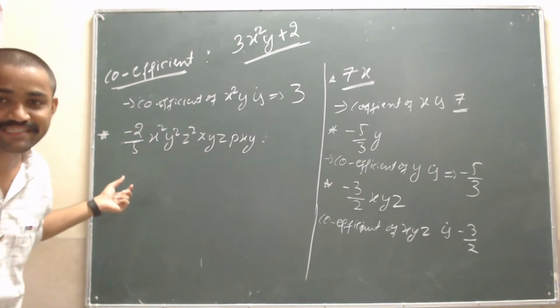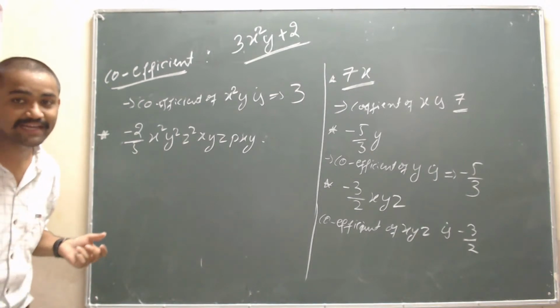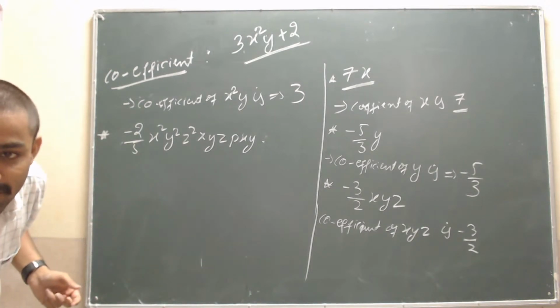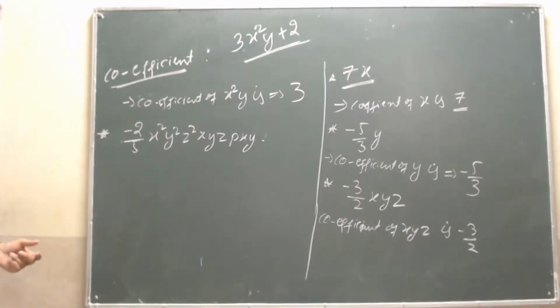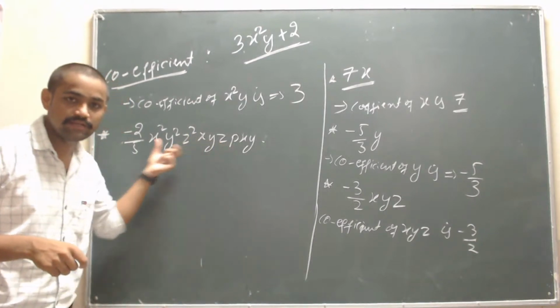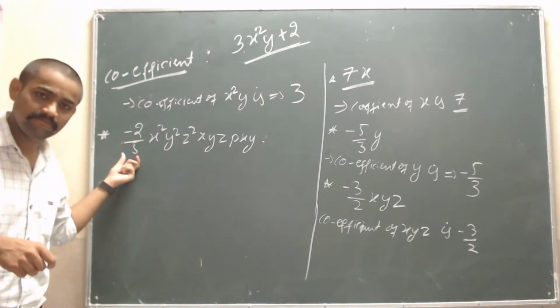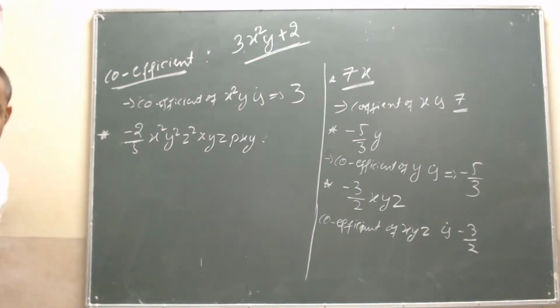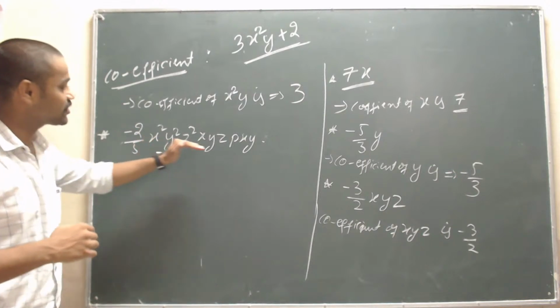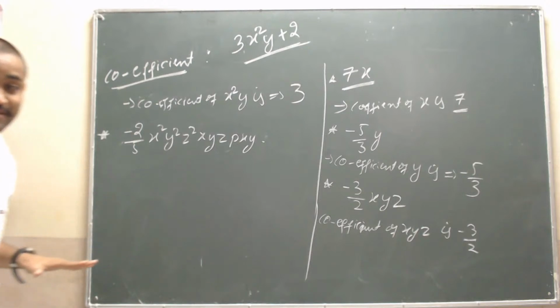Very good, student. That is minus 2 by 5. Very good. The coefficient of this variable is this number. Is it clear, students? Move to the next points.